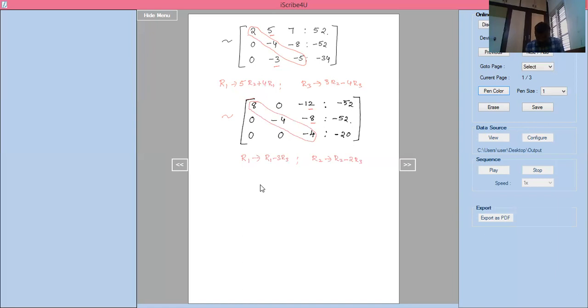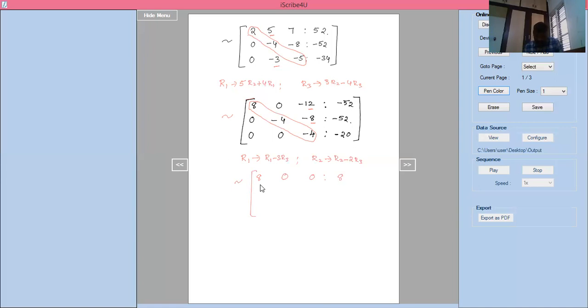Now you will write this in the form of the first row, R1 minus 3R3. R1 is 8, minus 3R3 should be 8, and this one should be 0. Next, R1 is minus 12, this is plus 12, should be 0. R1 is minus 52, plus 3 into 20 should be plus 60. Minus 52 plus 60 should be 8.